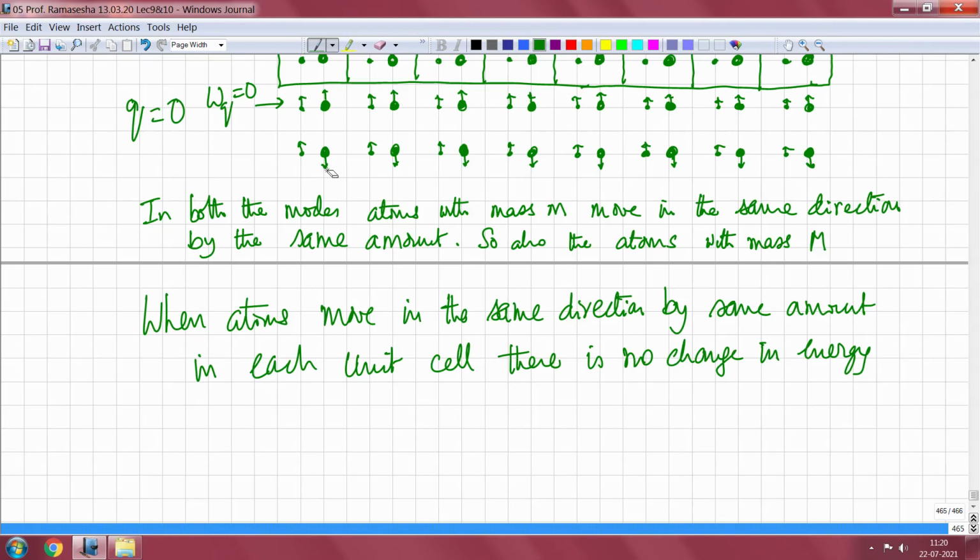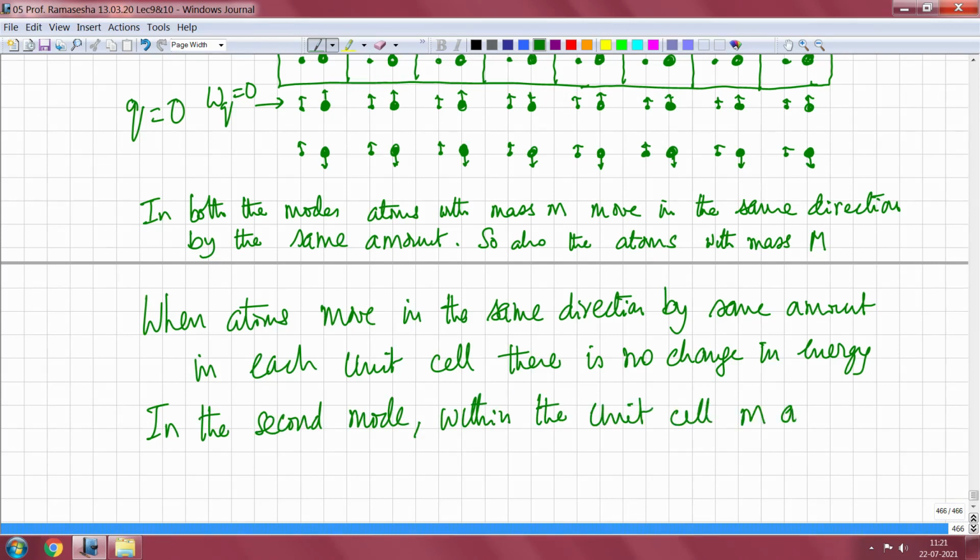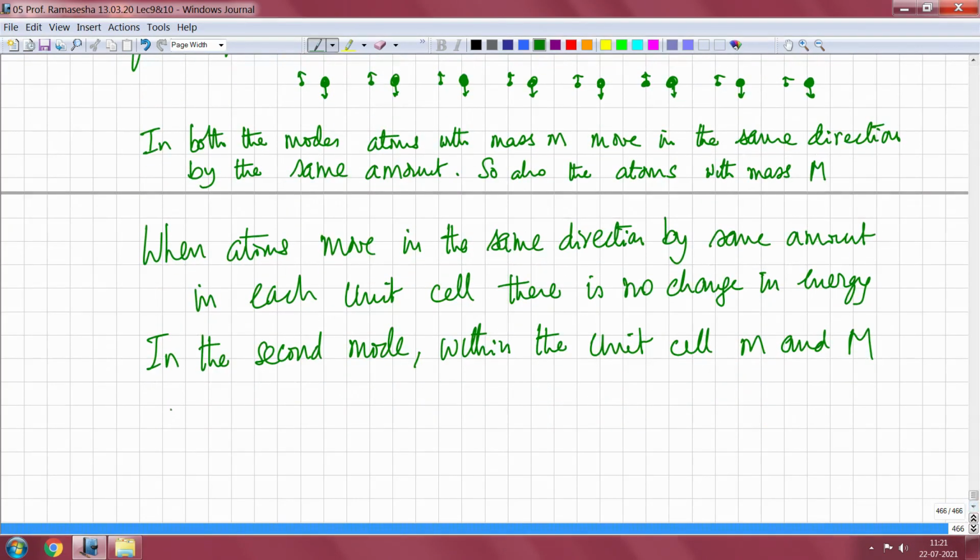So in the second mode, within the unit cell, small m and capital M are moving in opposite directions.